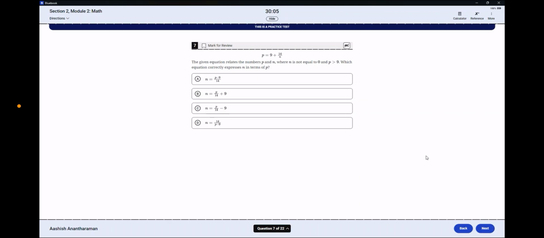We can just swap the N and the P minus 9, so now we'll have N equals 14 over P minus 9. We're essentially multiplying by N on both sides and dividing by P minus 9 on both sides. So our answer is going to be 14 over P minus 9.